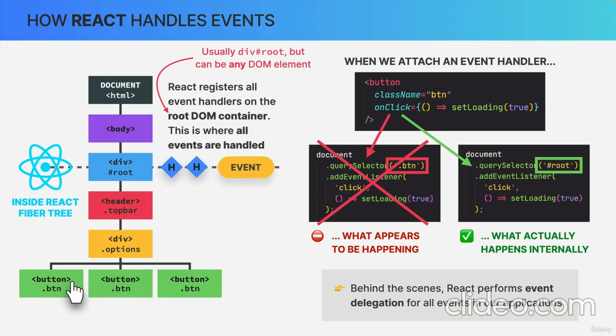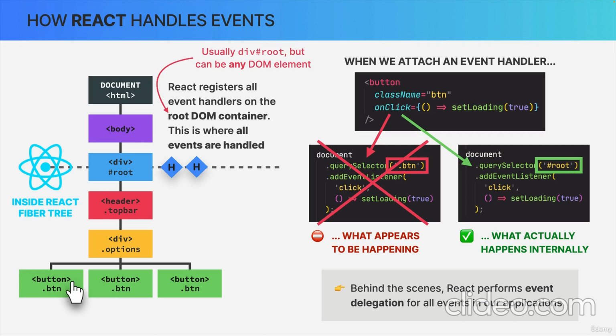Then, as soon as the event reaches the root container where React registered all our handlers, the event will actually finally get handled according to whatever handlers match the event and the target element. And finally, once that's all done, the event of course continues bubbling up until it disappears into nowhere. And the beauty of this is that it all happens automatically and invisibly just to make our React apps yet a little bit more performant.